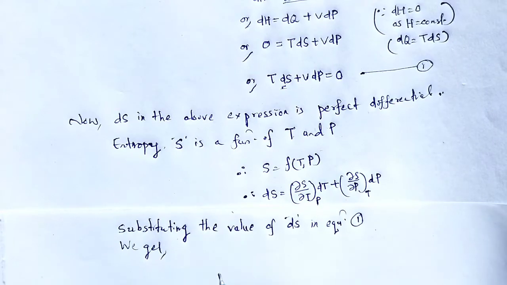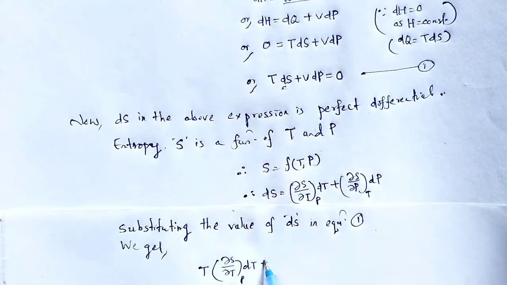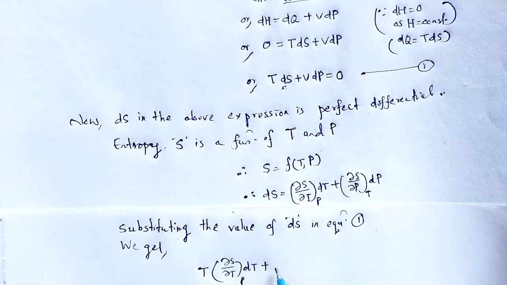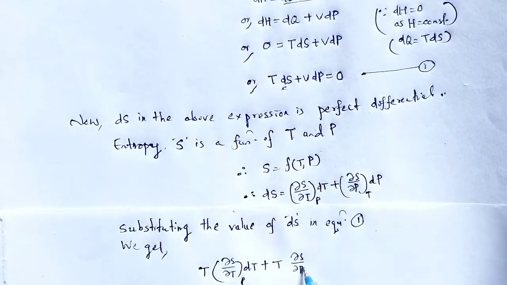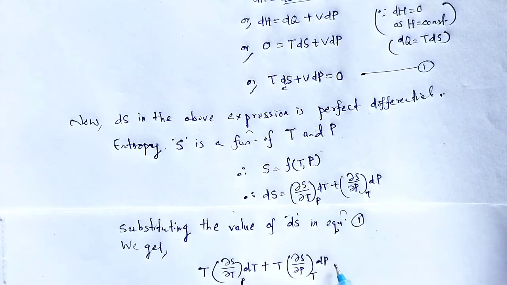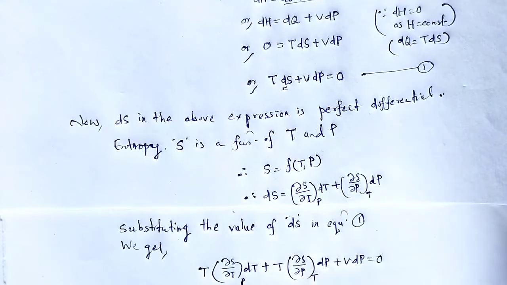So that is T times (del S by del T at constant pressure) dT plus T (del S by del P at constant temperature) dP plus V dP is equal to 0.